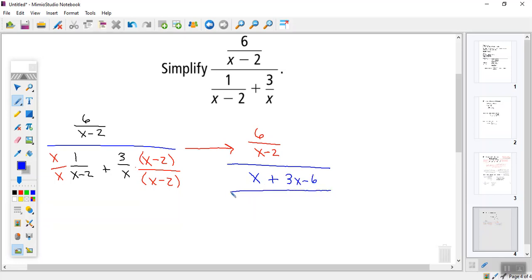And then this is all over. Guys, I think you should leave your common denominator like this. Leave this as x. Well, you know what? Forget it. I'm going to expand it. I'm going to call it x squared minus 2x. You guys okay with that?